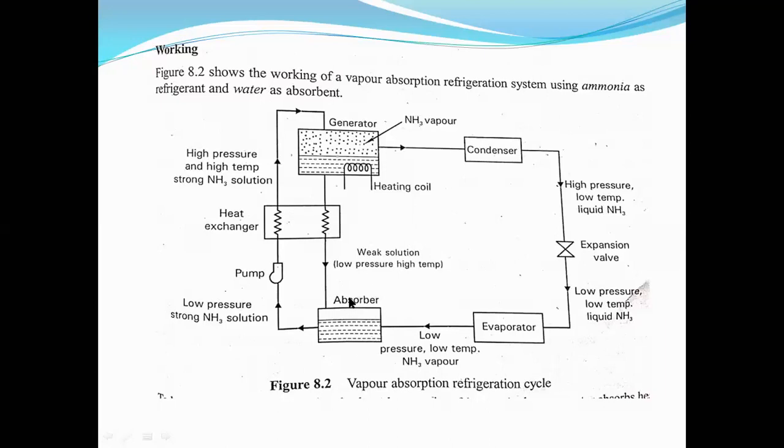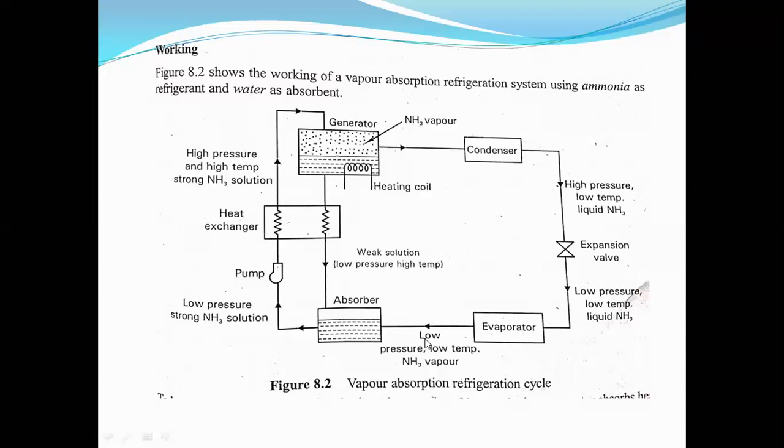When it enters into the absorber, which consists of a mixture of ammonia and water, the ammonia vapor becomes strong. We need strong solution for the next cycle of operation. For that purpose, we pass it through the absorber, so the weak ammonia solution becomes strong ammonia solution.